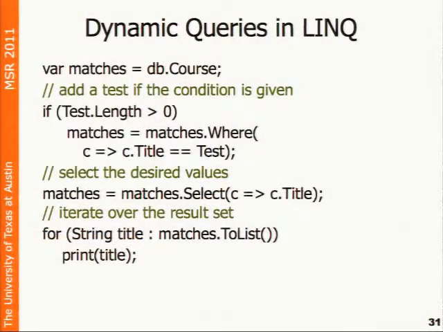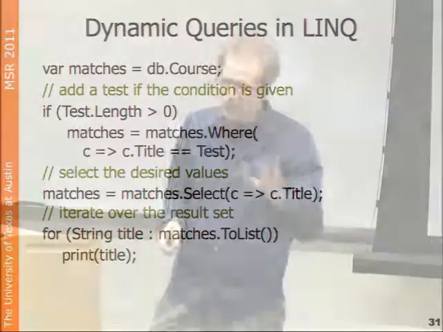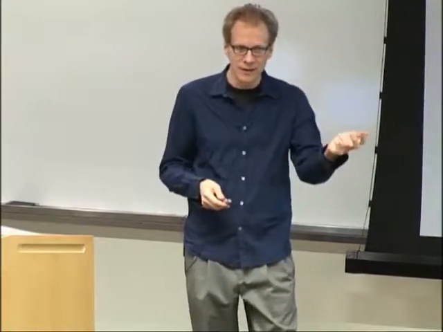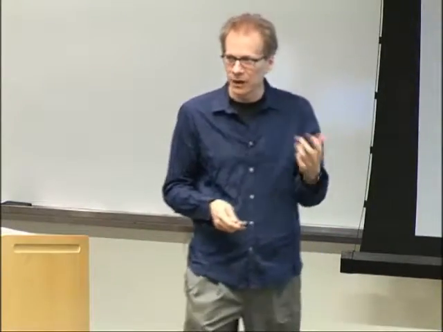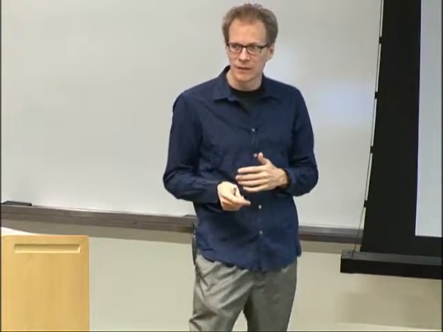Another one that's interesting is dynamic queries. In a dynamic query, the predicate or the condition depends on local data. Sometimes there's a test and sometimes there isn't. This is very common on web pages where you enter search criteria, and depending on what criteria items you type in, it makes a different select statement, a different where clause.